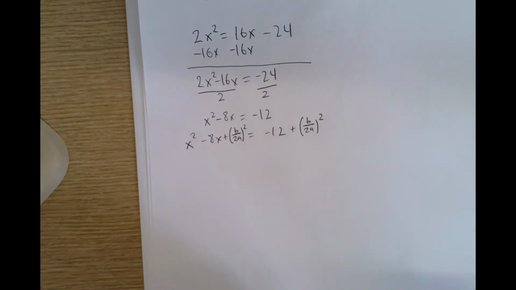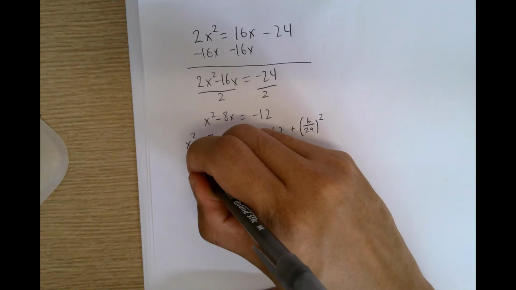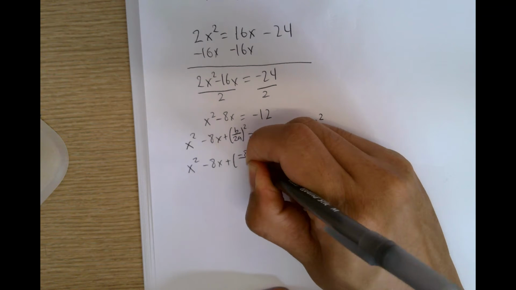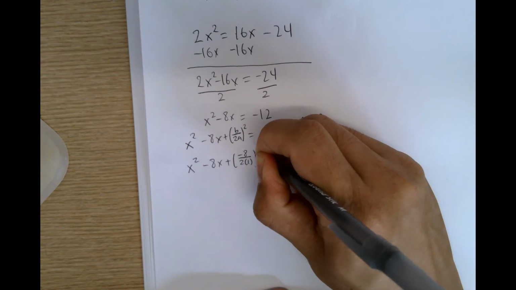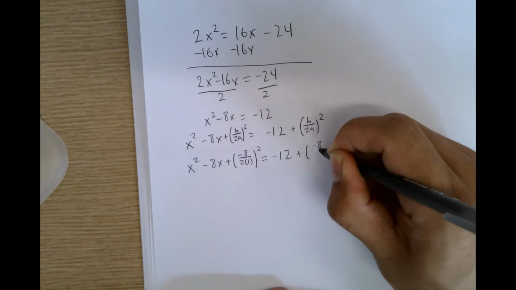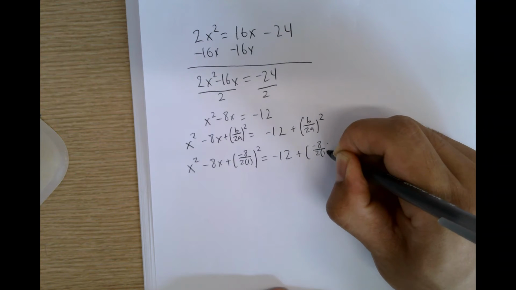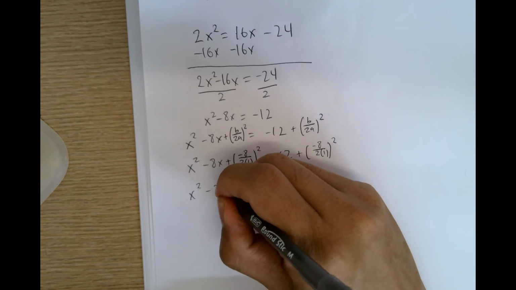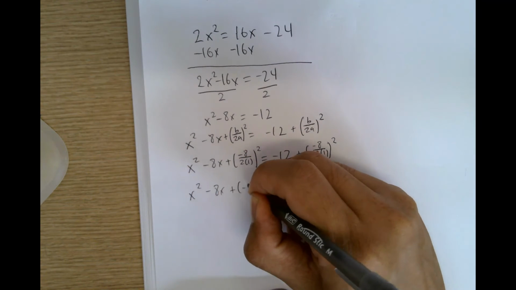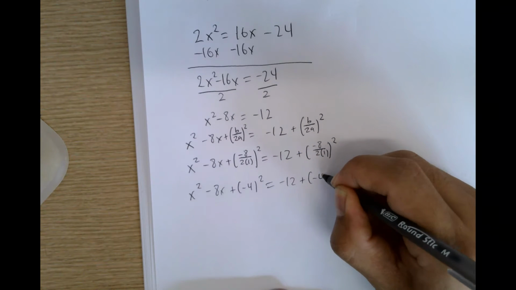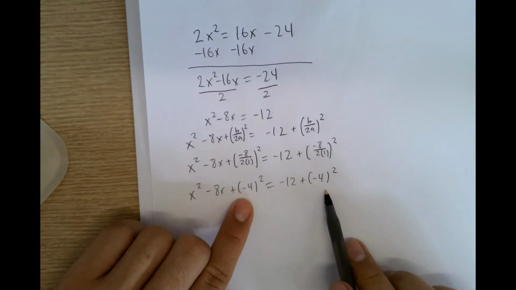So in this case, this would be x squared minus 8x plus negative 8 divided by 2 times 1, squared. So this would be negative 2 plus the same thing, negative 8 divided by 2 times 1, squared. This would equal x squared minus 8x plus negative 4 squared. This would be negative 12 plus, again, the same thing squared, because you're really adding the same thing to both sides.